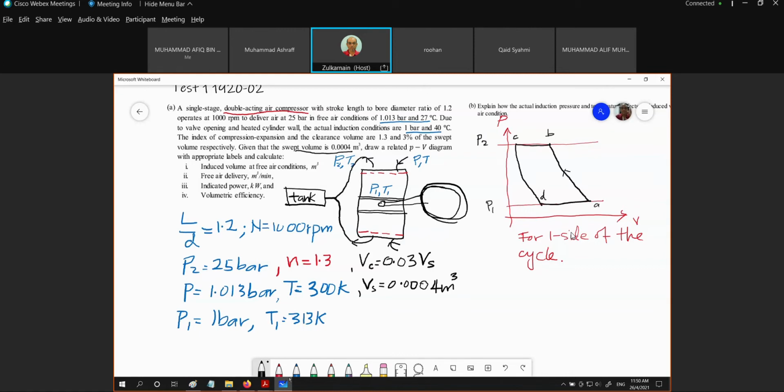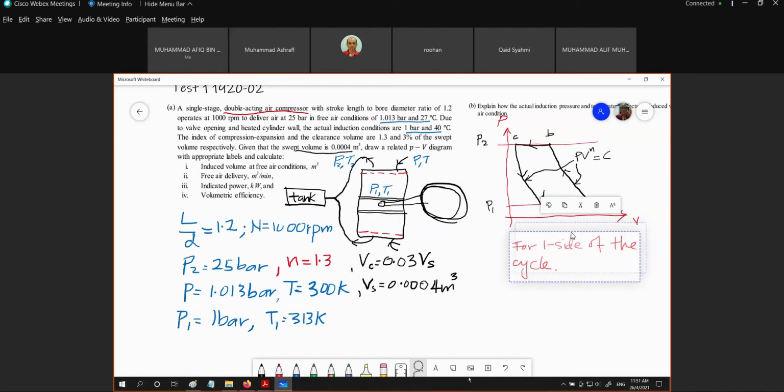Direction of the process. And the polytropic process for the expansion and compression. So let us complete.